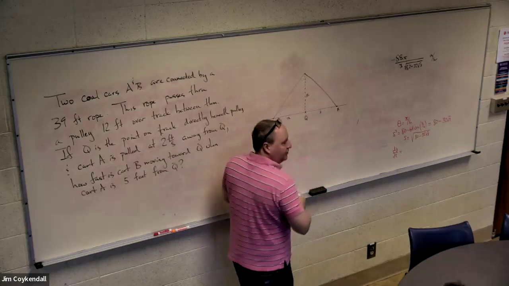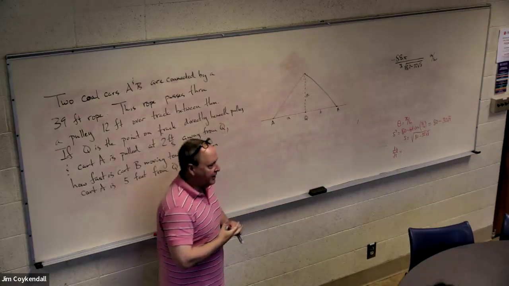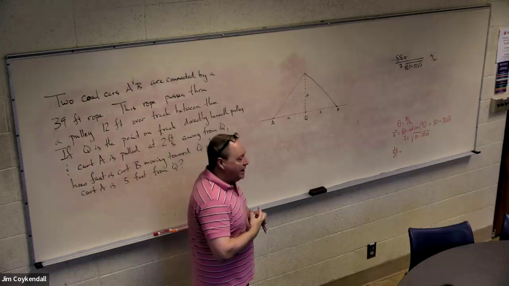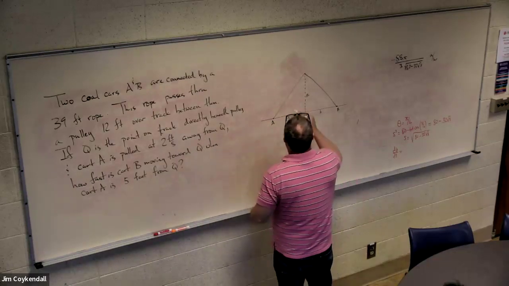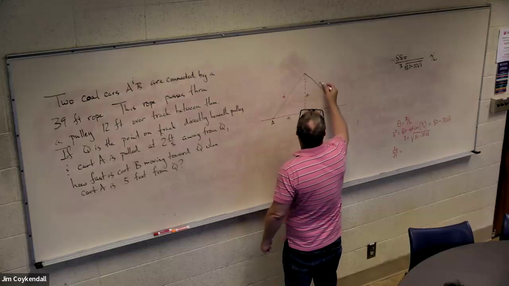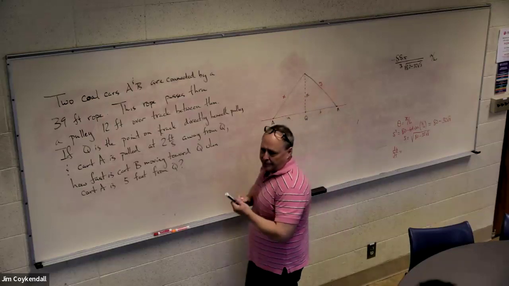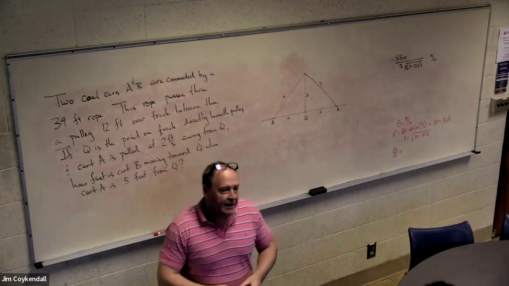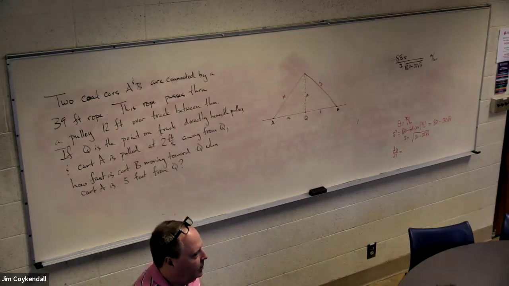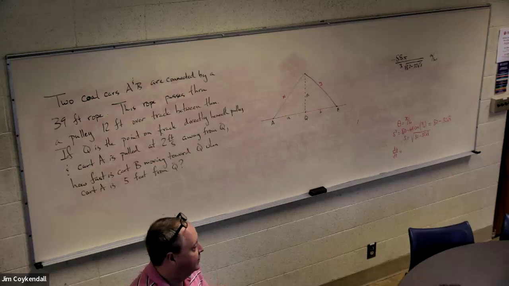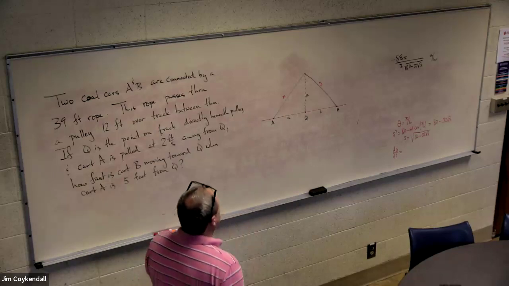Little a signifies the distance of cart A, little b signifies cart B's distance. And this is part of my rope, so I'll label this too. I remember Eli, in our earlier problem with the shadow, you said to label the hypotenuse, and we never did use that, but it didn't hurt us, did it?